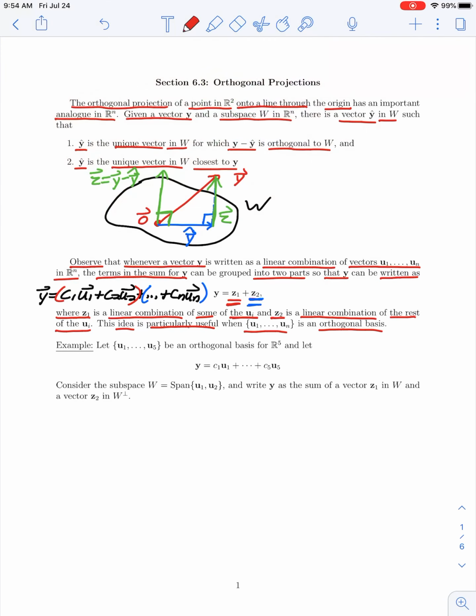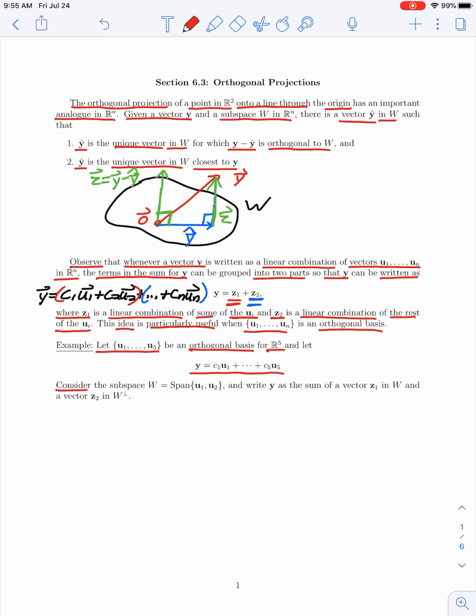Let's consider the following problem. Suppose that we have a set of vectors u1 through u5, which is an orthogonal basis for R5, and let y be some linear combination of those vectors, u1 through u5.